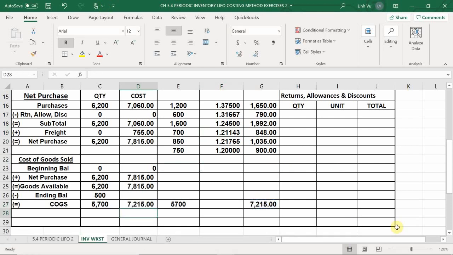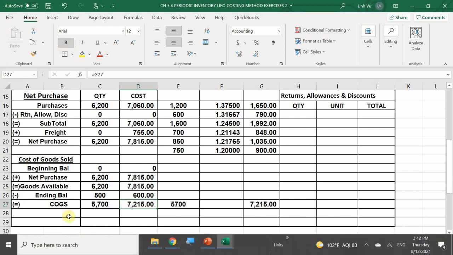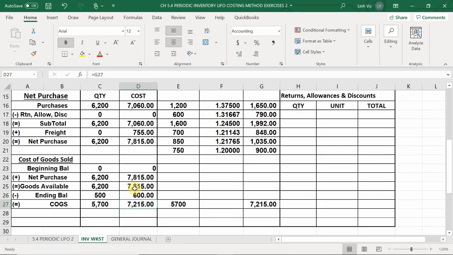I'm sorry, what is going to be my total ending inventory? $600. 600, okay? Or if you figured out the other way, if you do 500 times the $1.20, you should get 600 as well. Okay. Awesome. So now we completed our inventory worksheet.